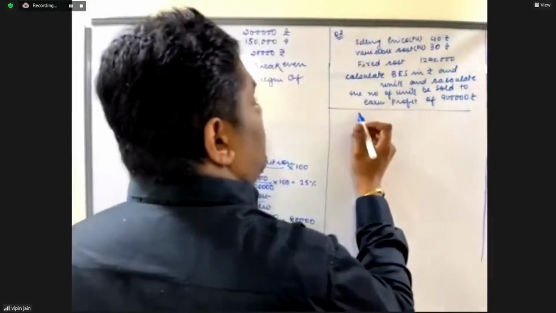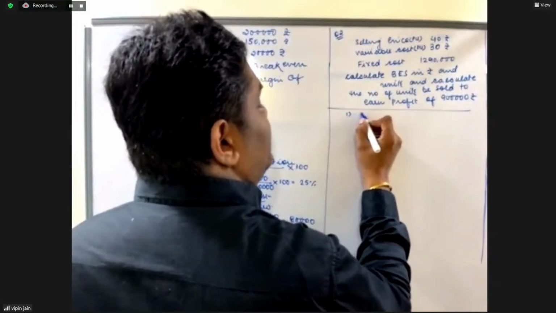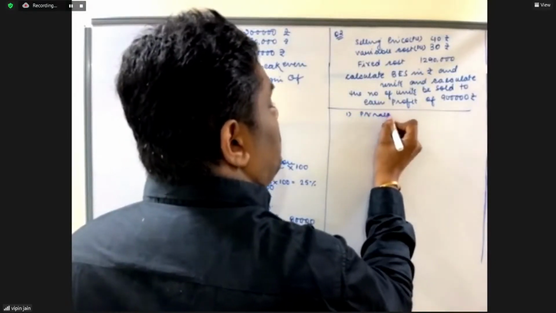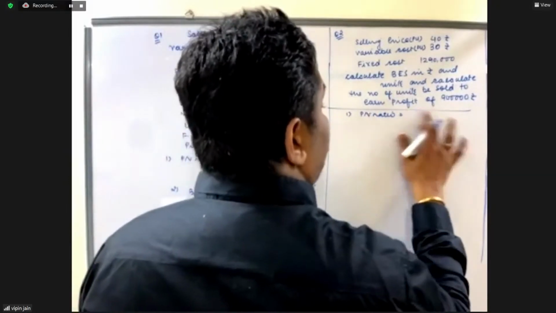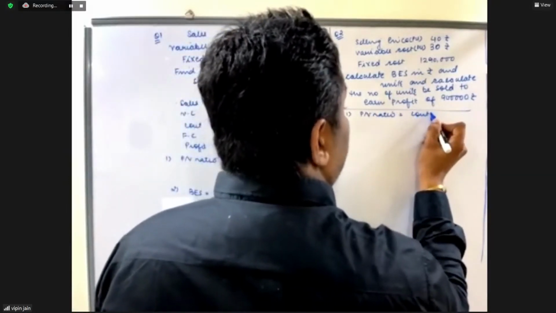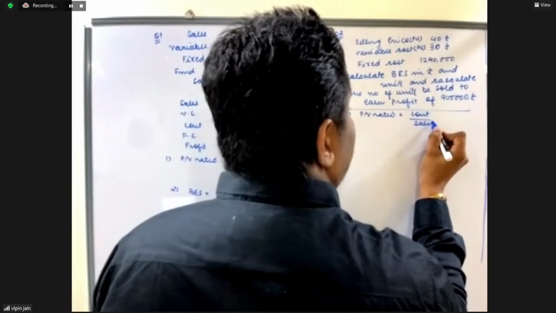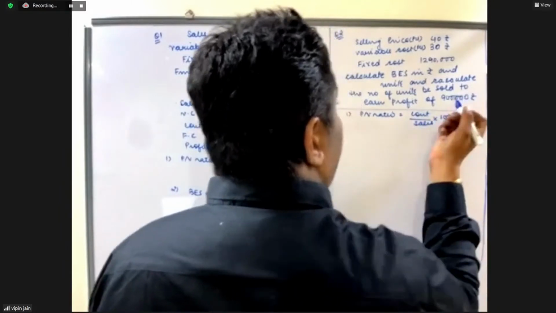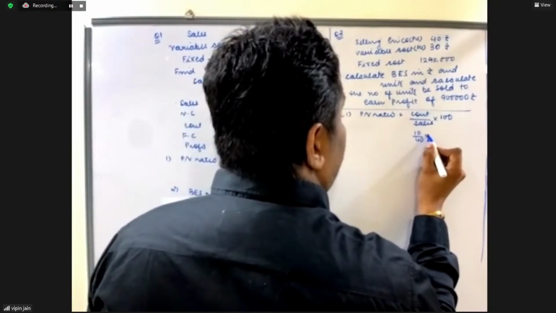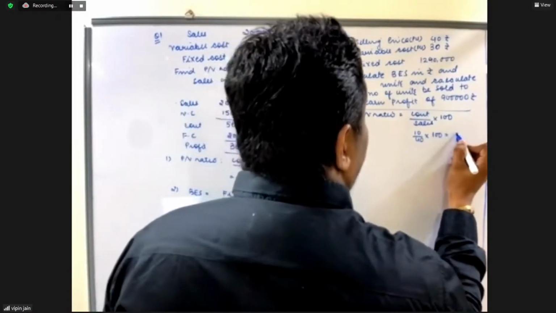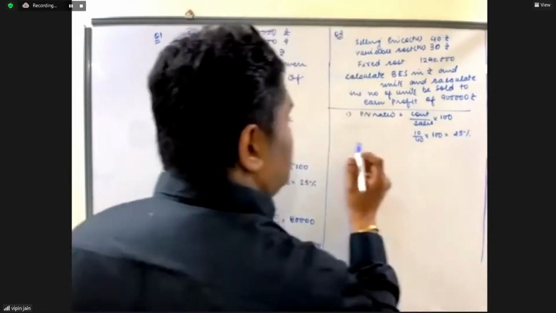Anyways, when talking about the first point, that is PV ratio, again, the same formula, that is contribution divided by sales into 100. Herein, we can calculate it per unit also, that is 10 divided by 40 into 100. So that is 25%.